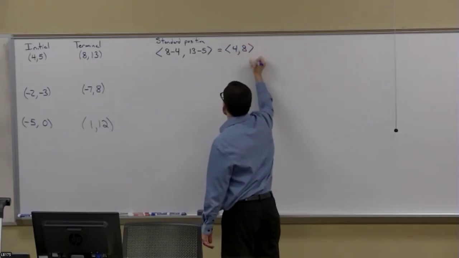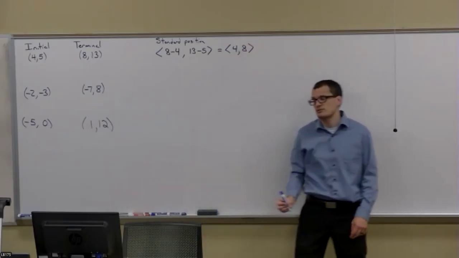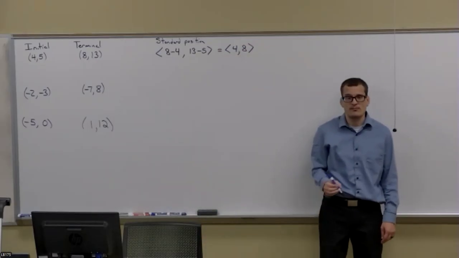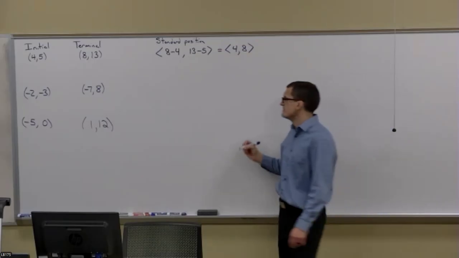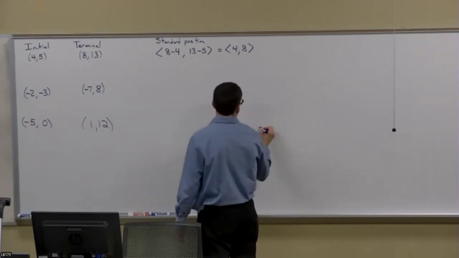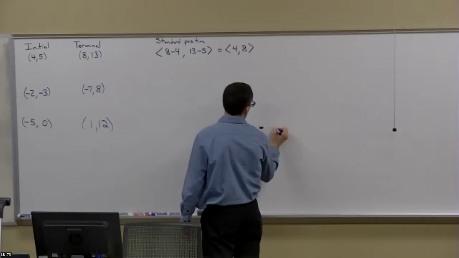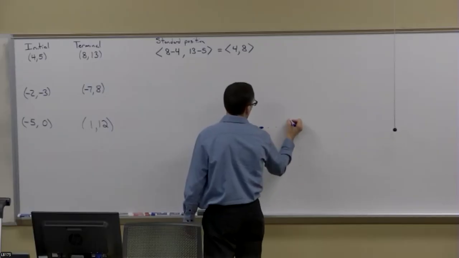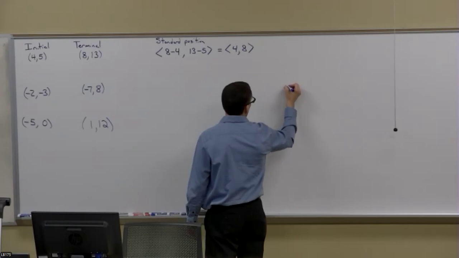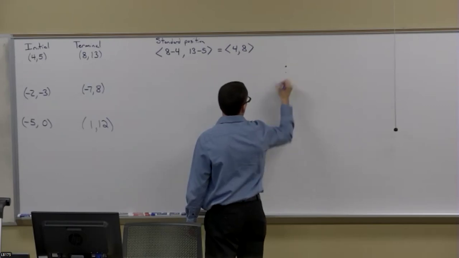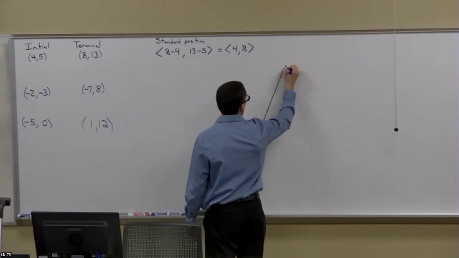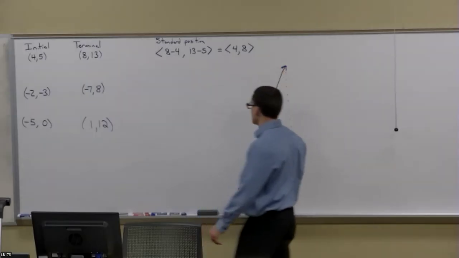In this case, that's the standard position vector <4, 8>. And what that means is that if we started at (4, 5), we would have gone right 4 units and then up 8 units. And my vector would have looked something like that.